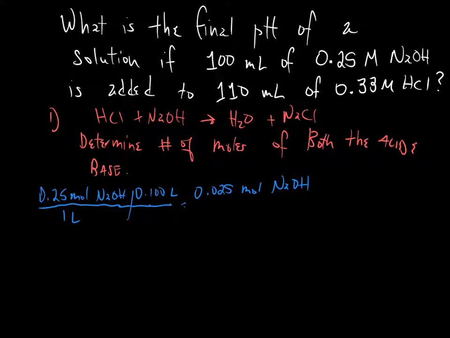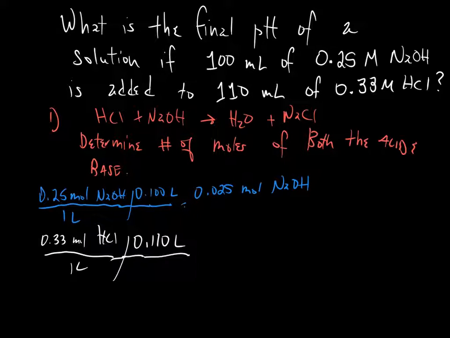I'm going to do the same thing with the acid. So if the acid was 0.33 moles of HCl for every 1 liter, convert that by multiplying by 0.110 liters, because that's how many liters of the acid there were. And that one I can't do by hand.